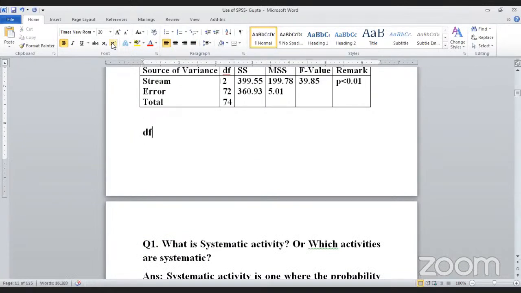The degree of freedom for total is equal to your n minus 1, if you know your total n.